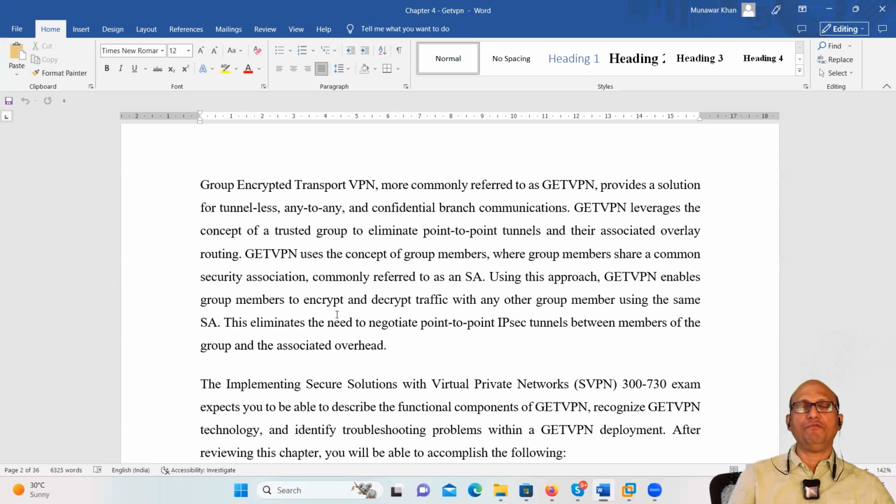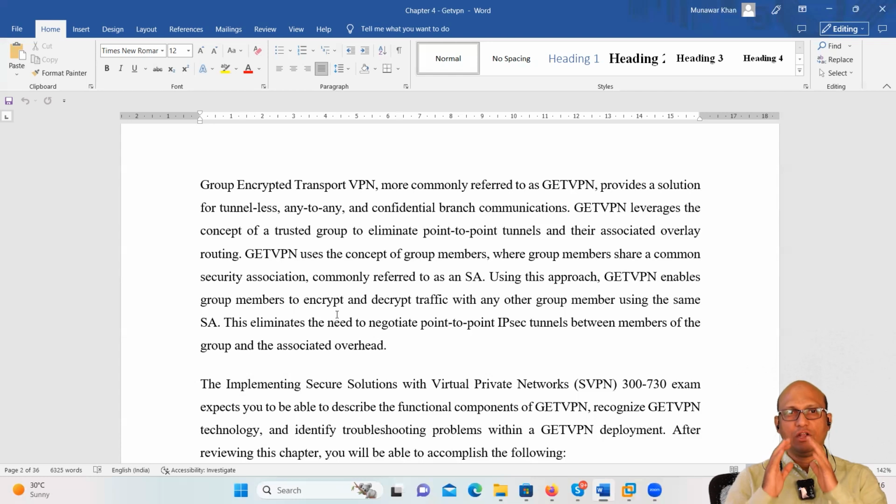When I did DMVPN, I told you about IPsec, NHRP, and mGRE. Always remember, any VPN we do, there is a protocol. It is the protocol which gives you this benefit.